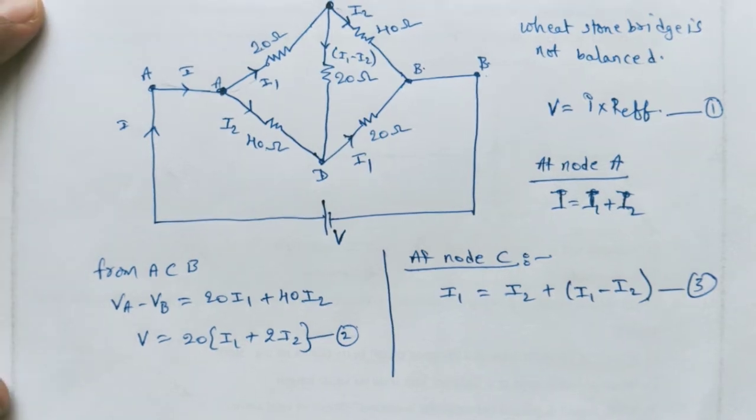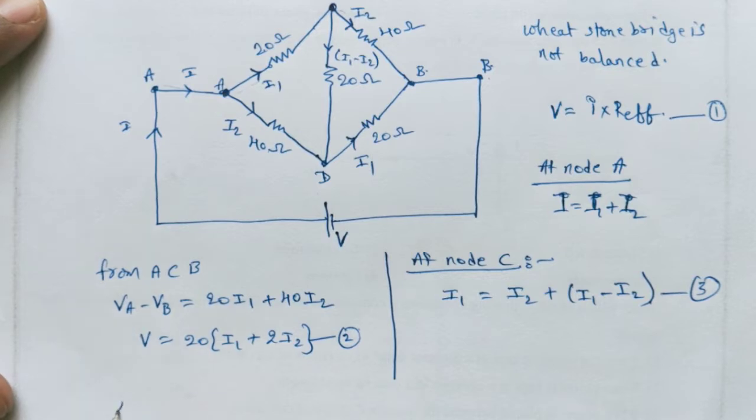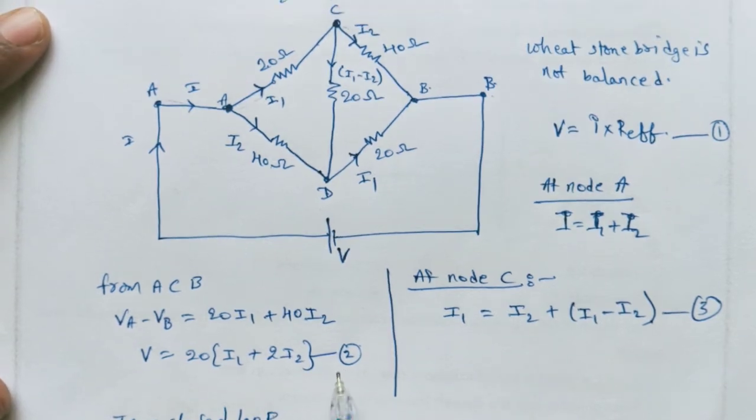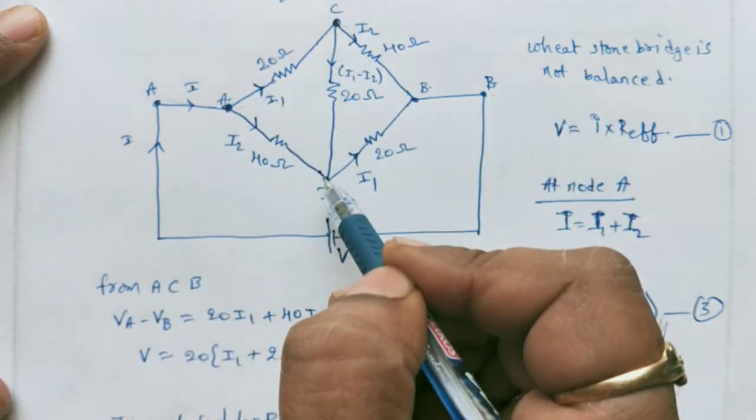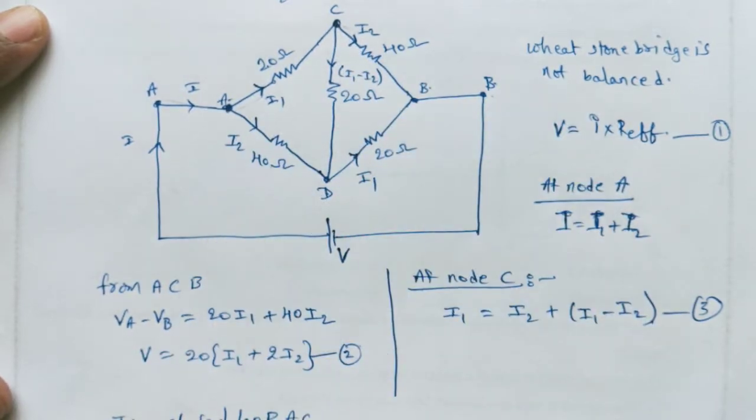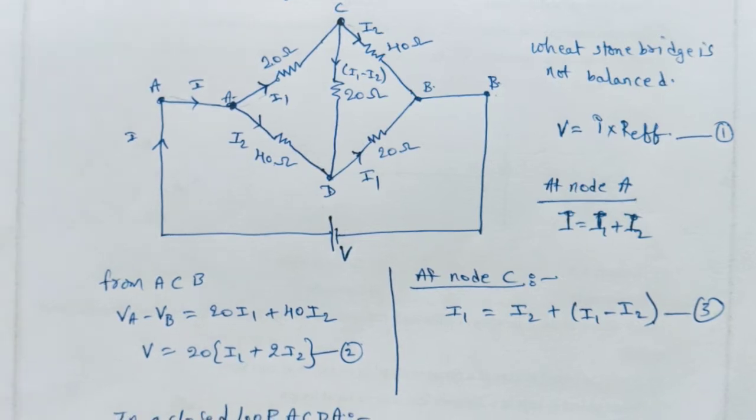Now I am going through one closed loop, the closed mesh ACDA. In that loop there is no battery, there are no sources, so the total EMF becomes 0.